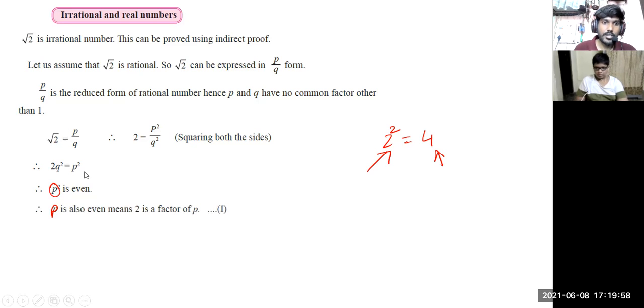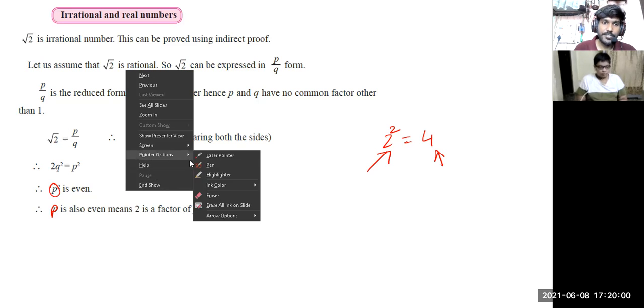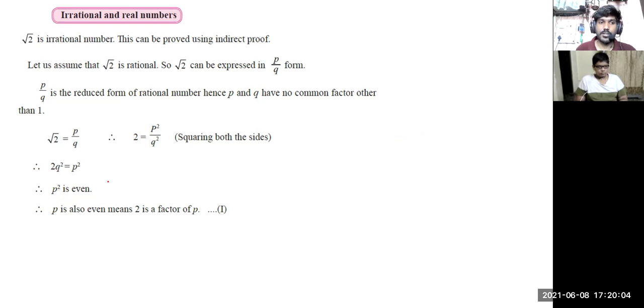So since p square is even, p is also even. Now, since p is even, what I had told you of an even number, it is a multiple of 2. So since p is even, that means p is also a multiple of 2. Means it will be some 2 into t, some multiple of 2.